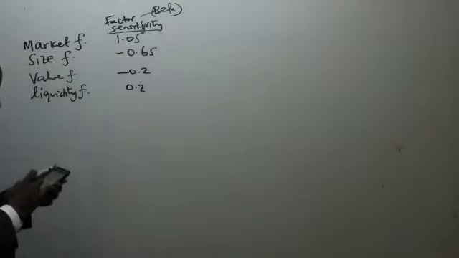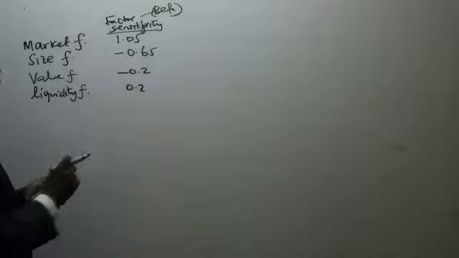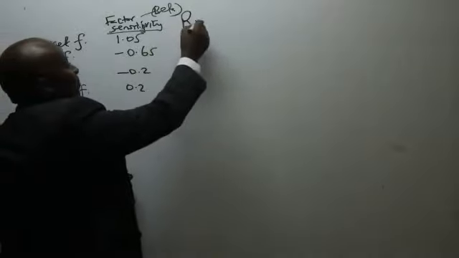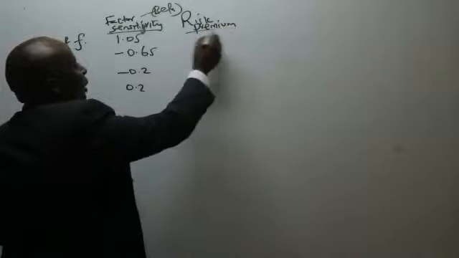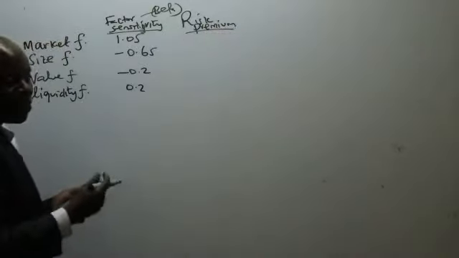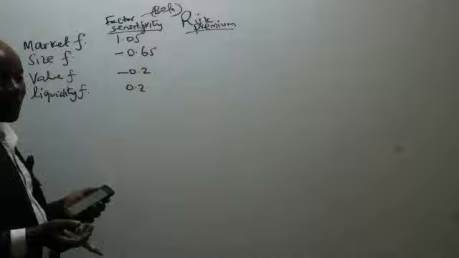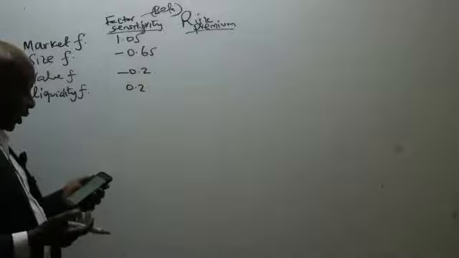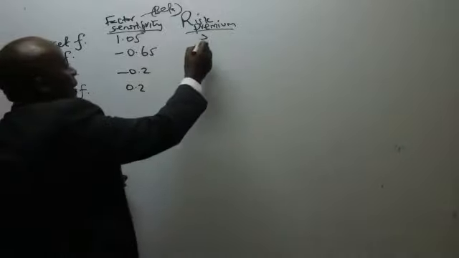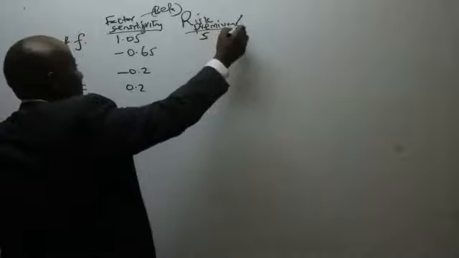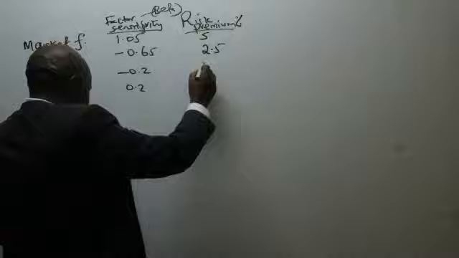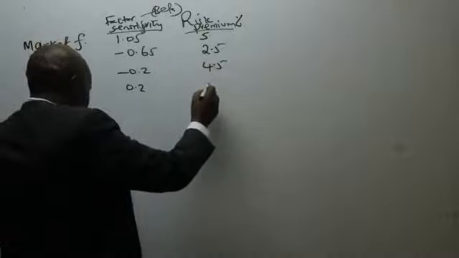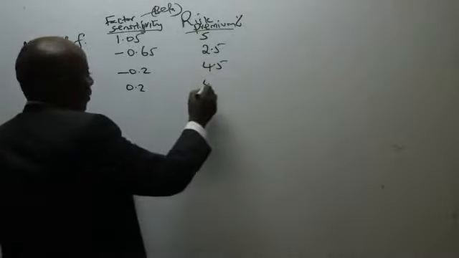So basically they have given us the beta factors, and then we have the risk premium, meaning that they have already subtracted for us. I'm telling you, this is a good examiner who is wishing us success. So we have here the risk premiums: 5%, 2.5%, 4.5%, and lastly 4.5%.